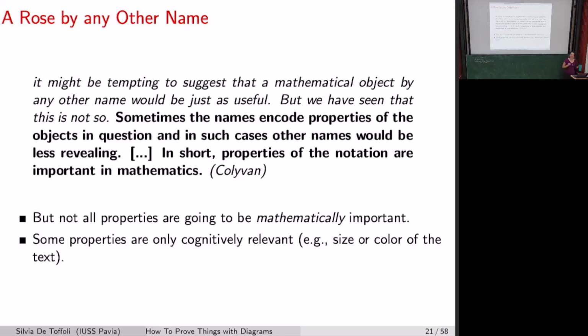So this seems absolutely correct and true, but also a little vague. So what does it actually mean? It seems that not all properties are going to be mathematically important. Some properties are just cognitively relevant.